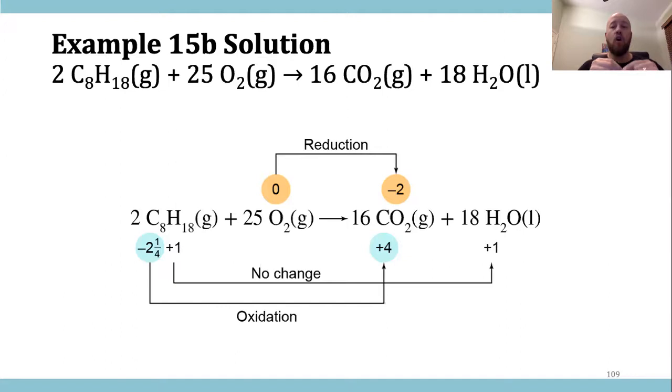When you have a charged species like sodium chloride, it loses a whole electron and becomes the sodium ion. It can't lose half of an electron. So you can't have half charges, but we can have half oxidation states, or in this case, quarter oxidation states, because it's talking about sharing electrons, how evenly they're shared, and they can be unevenly shared around a molecule. So you don't have to have full oxidation numbers. It's also not really important for this problem.